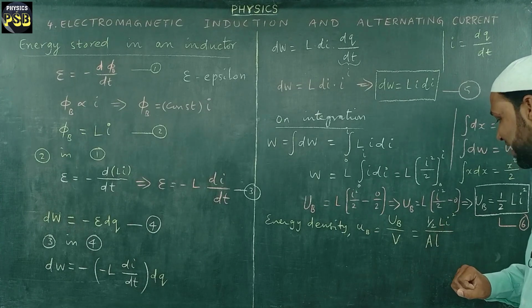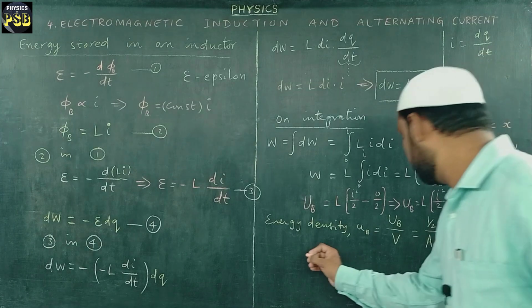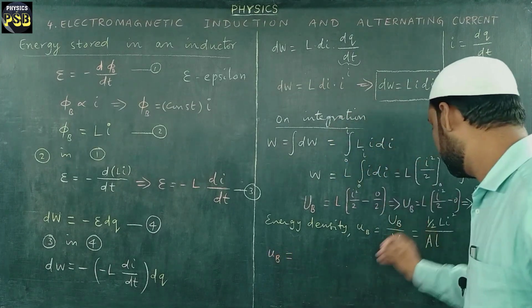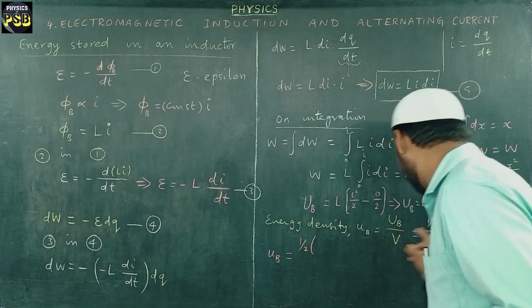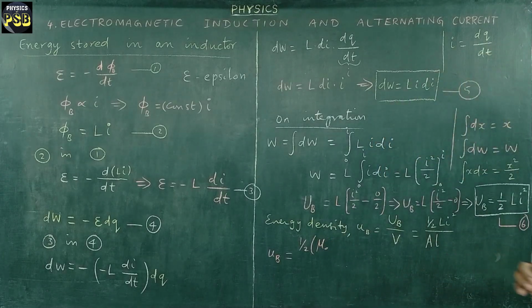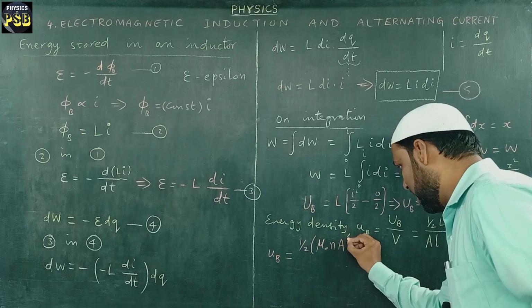Now, L is nothing but the self-inductance of the coil. And what is that? It is nothing but mu naught n square A l. Here, half. In the place of L, I substitute the value mu naught n square A l.